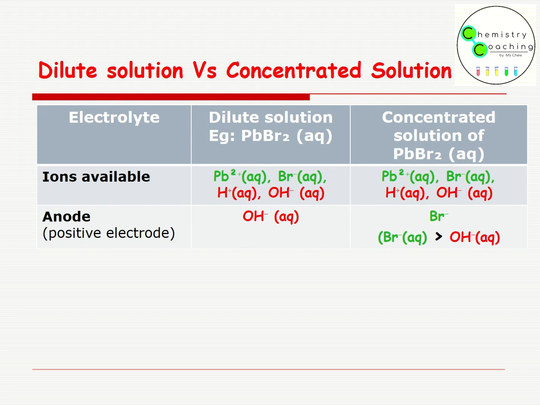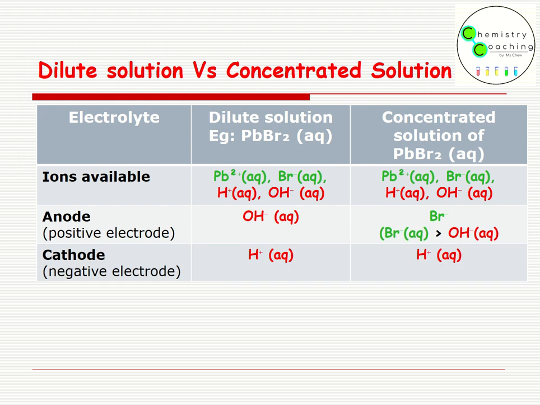If you remember earlier on, the negative ion will always get affected by the concentration of the solution. So in concentrated PbBr2 solution, the amount of Br- is much more than the OH-. Hence, Br- is preferentially discharged over OH-.